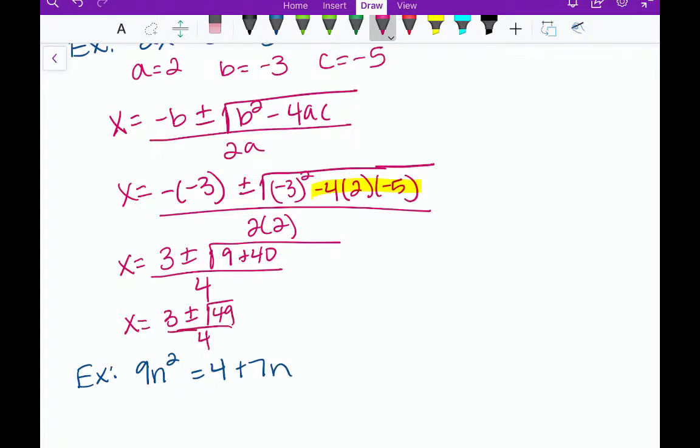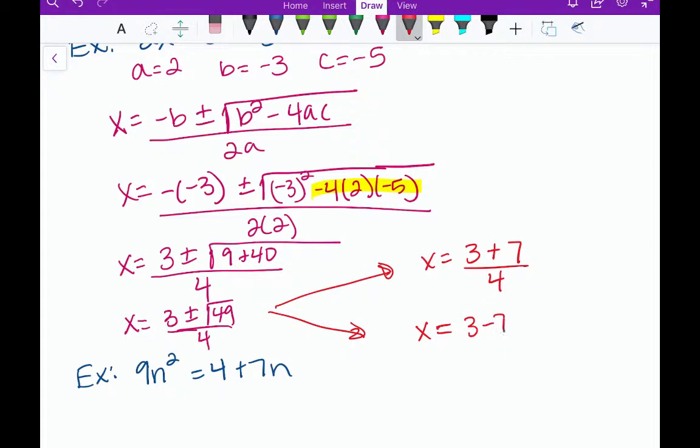So from here, I'm going to split this into two problems. The first one will be x equals 3 plus 7 over 4, because the square root of 49 is 7. And the next one will be x equals 3 minus 7 over 4. 3 plus 7 is 10 over 4, which is 5 over 2. 3 minus 7 is negative 4 over 4, which is negative 1.